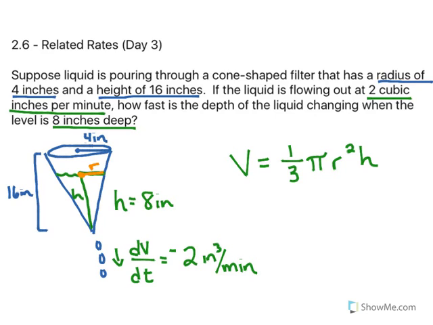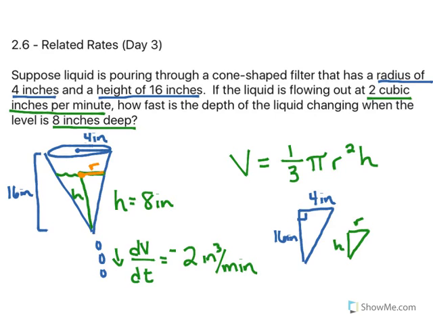So let's take a look at the cone picture one more time. If you picture the blue cone cut in half, you would have this triangle, where we know that the top radius was 4 inches and the height was 16. And this is a right triangle. Now if you look at the green, we would have another triangle, and it's going to be a similar triangle, and that's going to be h and r.